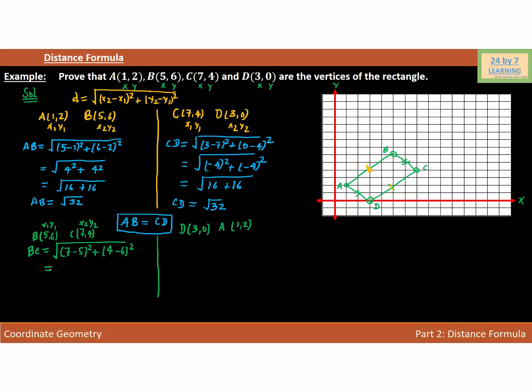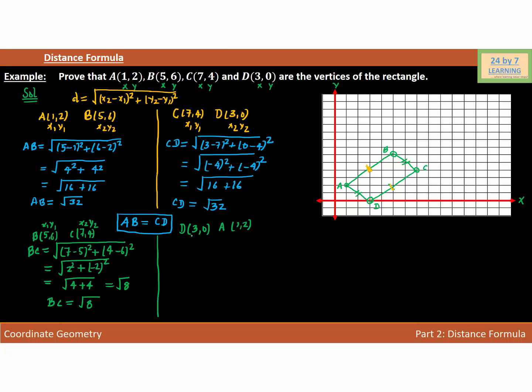And we know that 7 minus 5 is 2 squared plus 4 minus 6 is negative 2 squared. So 2 squared is 4 and the square of negative 2 is also 4. So we will get a square root of 8. So our BC is basically a square root of 8.